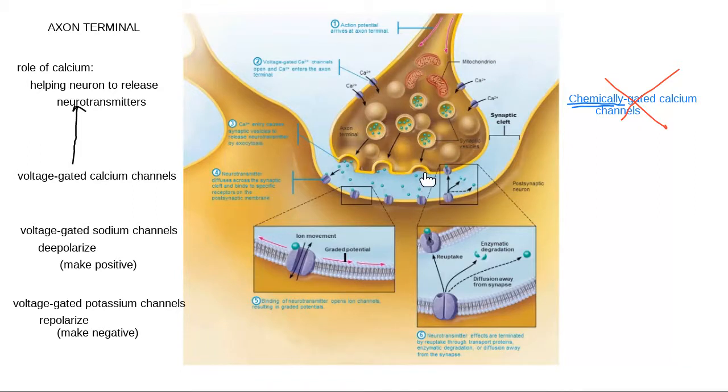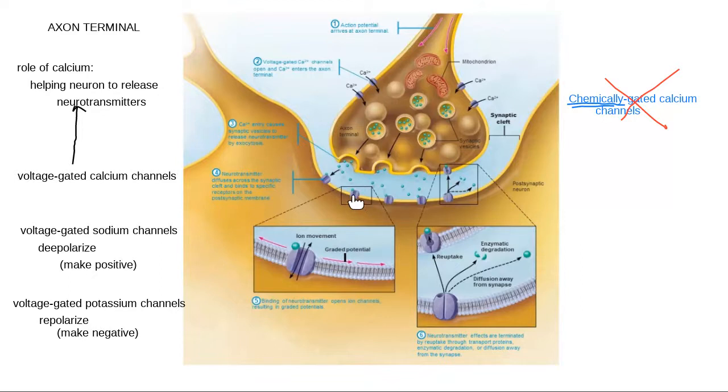The neurotransmitters that one neuron spits out float across this synaptic cleft and attach to those chemically gated channels that we started with yesterday when we were talking about our EPSPs and IPSPs. So neurotransmitters go across the synaptic cleft. They attach to these chemically gated channels.